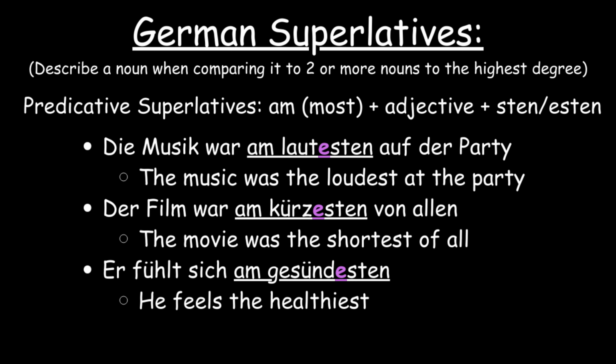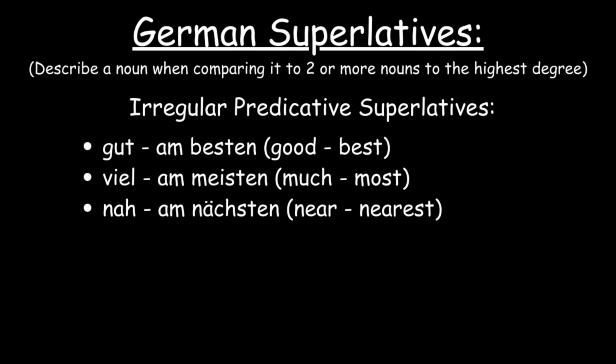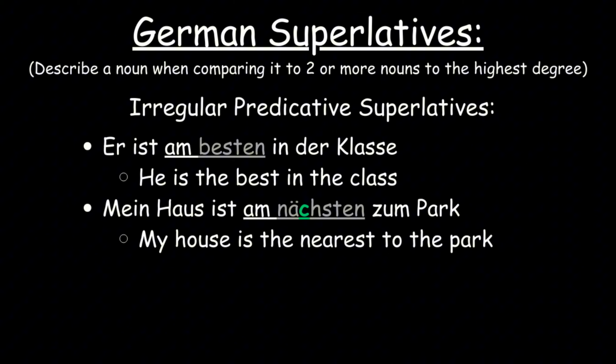In this manner, predicative superlatives also have irregular forms, like gut, am besten, viel, am meisten, nah, am nächsten. While all of these end in -sten, their superlative form may be completely different, with some receiving an umlaut and a letter. Some examples are: Ist am besten in der Klasse.